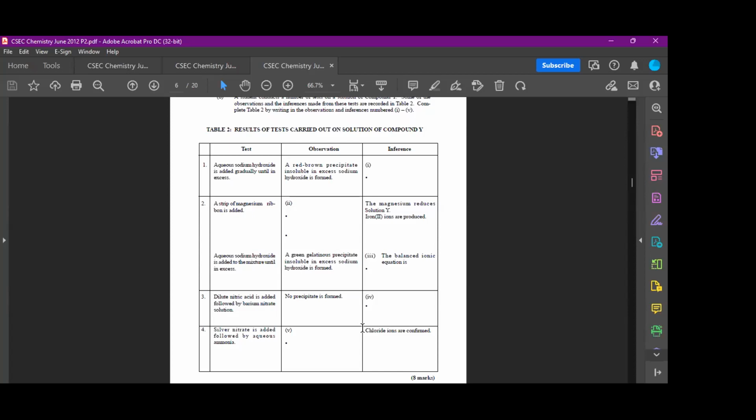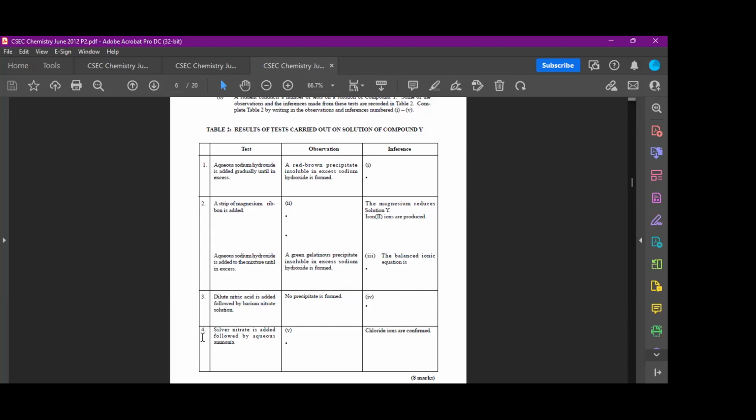So this is a test for halides. For bromine and iodine, the precipitate would not disappear. For chlorine, the precipitate will disappear. So where it says no precipitate forms, it is telling you that chlorine is the only one that is possibly present.